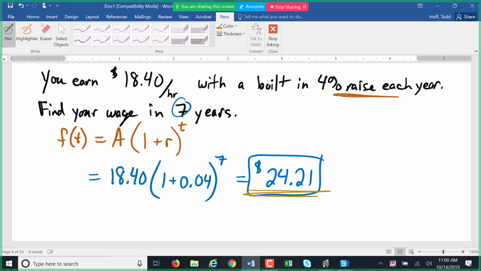They're going to take this year's wage and multiply by 1.04. Well, if it was rounded last year, that rounding can compound and throw you off in reality. But mathematically, $24.21 is where your wage should be 7 years from now.